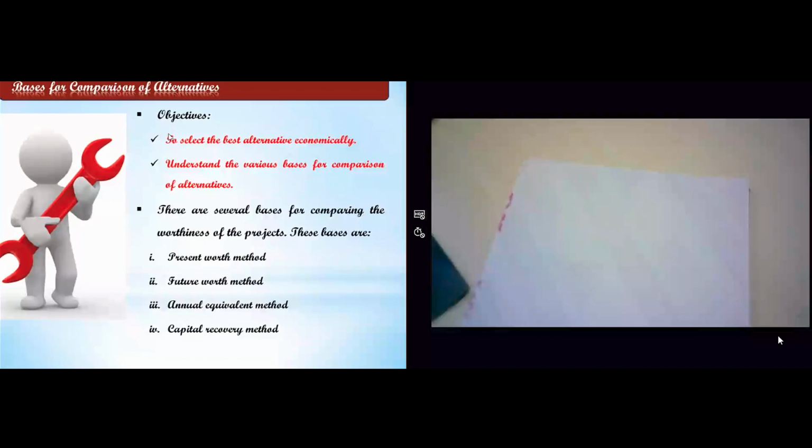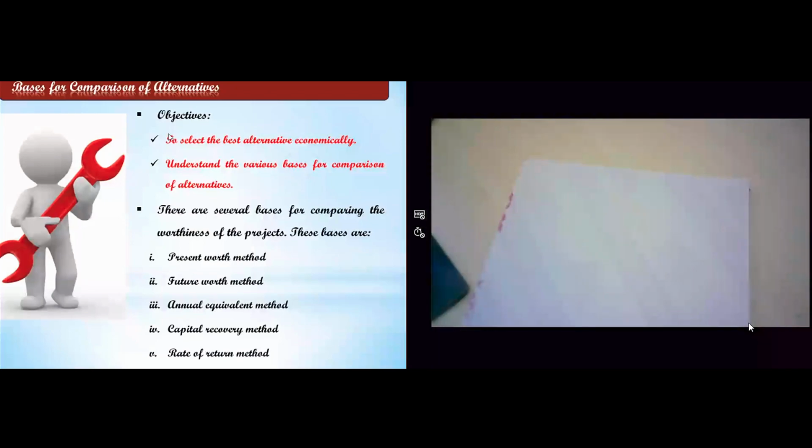In the rate of return method, according to your syllabus, you have only one type, that is internal rate of return. Internal rate of return is nothing but the rate at which the present worth of cost will be equal to the present worth of revenue. So here, in internal rate of return, we generally calculate the value of i.